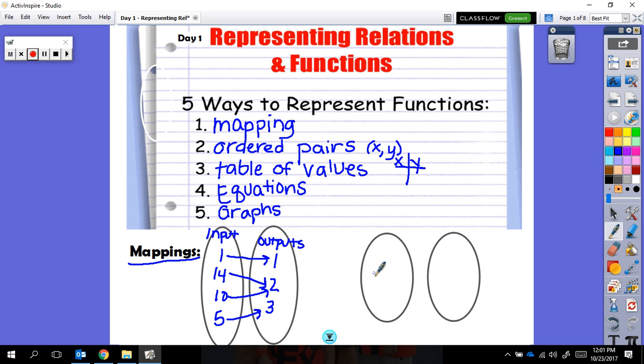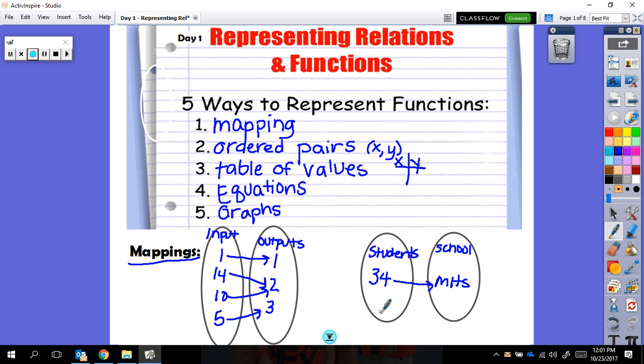Here's another example of this. There are 34 of you in this class, so say students are my input, and say the school that you go to is your output, and so all 34 of you would be tied to MHS. Okay, so you can have a whole list.